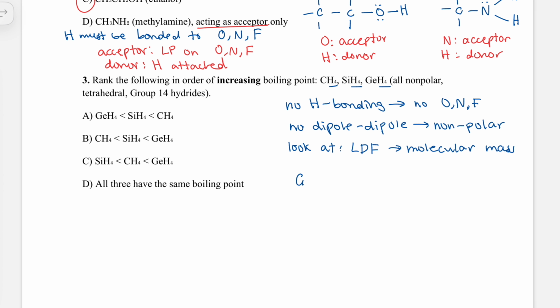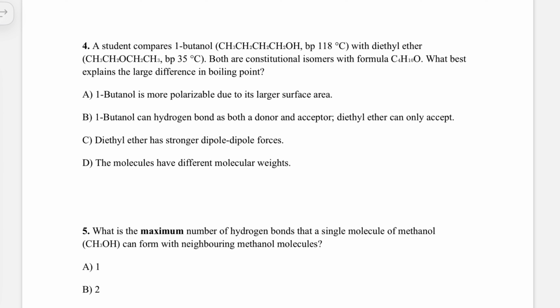Question 4. A student compares 1-butanol with diethyl ether. Both are constitutional isomers with this formula. What best explains the large difference in boiling point? So once again, boiling point has to do with IMF. I find it helpful to draw out each of the molecules. So I'm not going to write out all of the carbon chains.